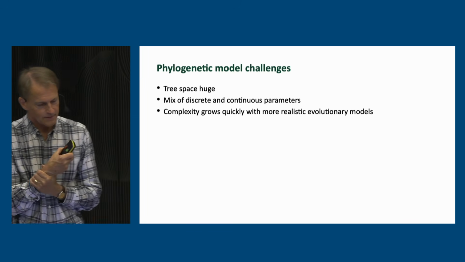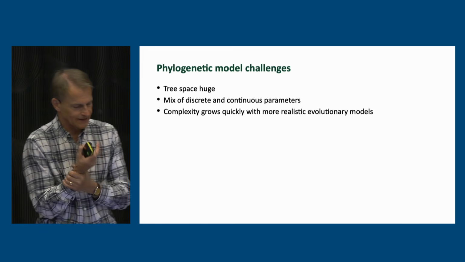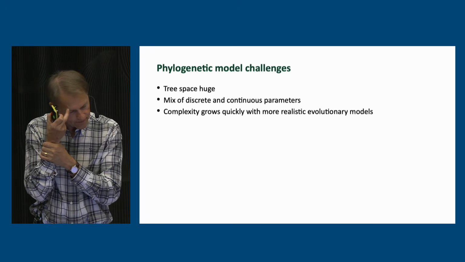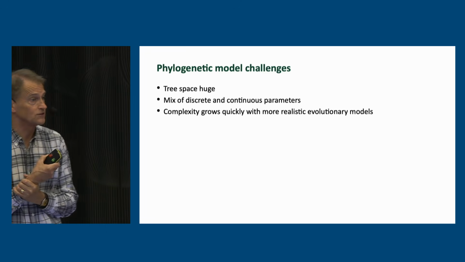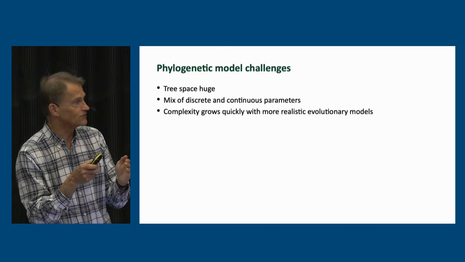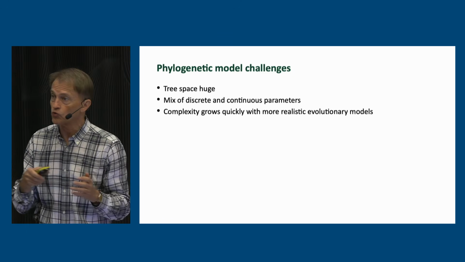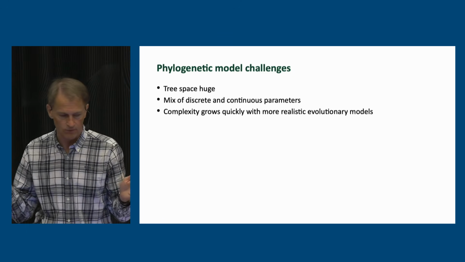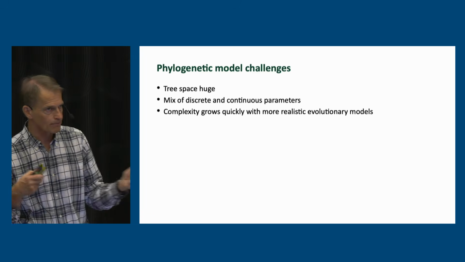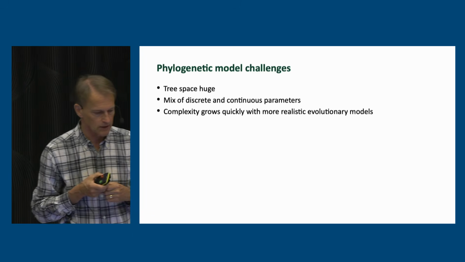There are some specific challenges in this domain. One of them is that tree space is huge. You don't need to increase the number of tips very much before you have an enormous number of possible topologies. And if you want to sample over them, of course, that's going to be a problem.